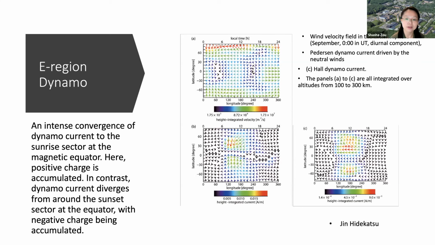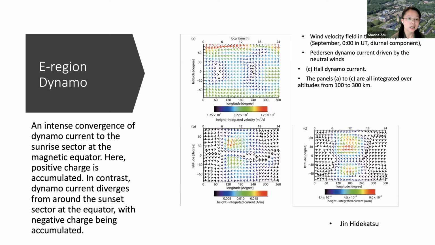When you have the neutrals that are driven by the solar heating, the neutrals tend to move from the high pressure or hotter area to the colder area, right? So once you start to have the neutrals move, the neutrals will move the ions as well. And it is very important to understand the ions and the neutrals collide more frequently in the E region, but not between the neutrals and the electrons.